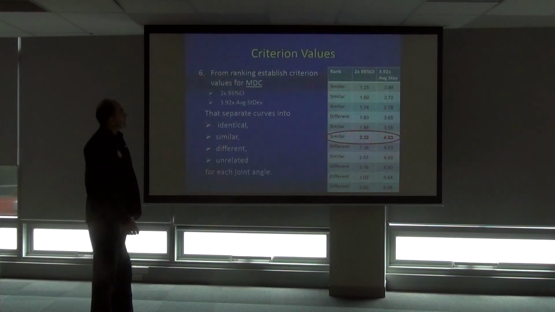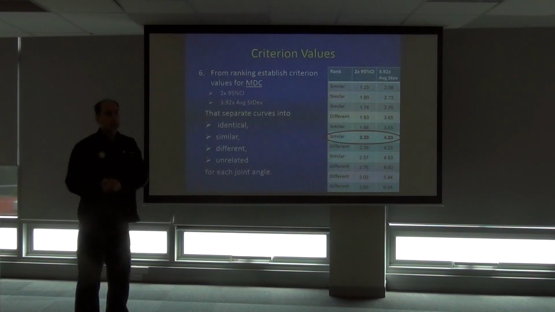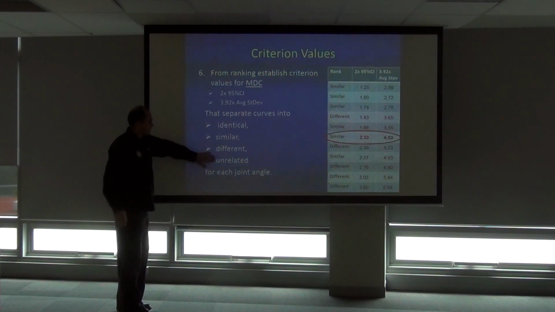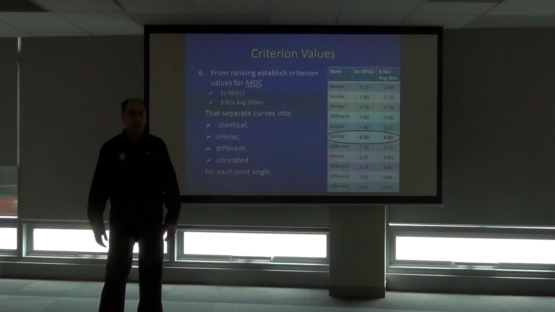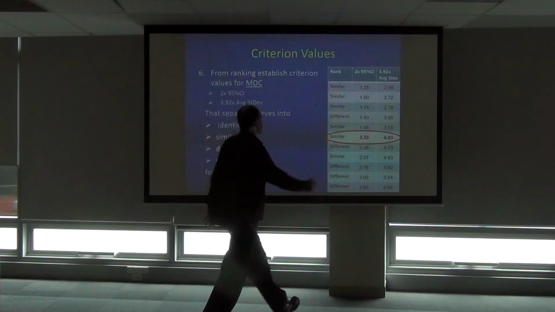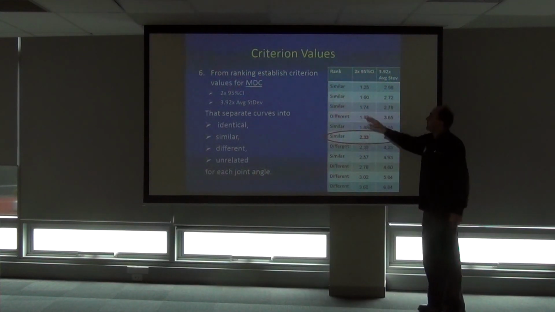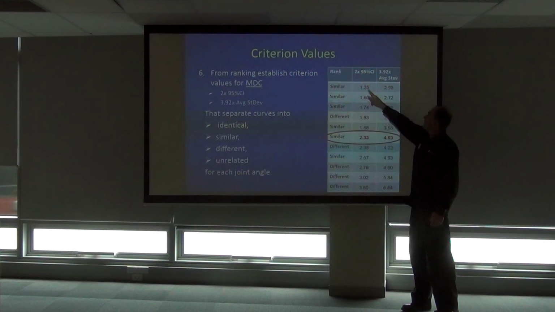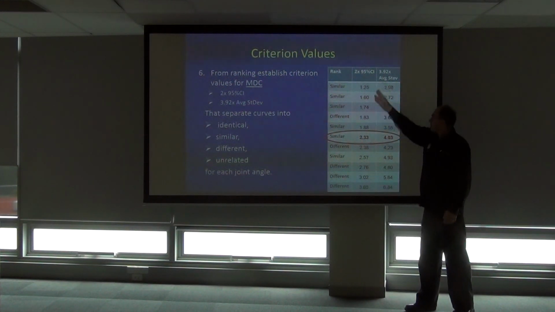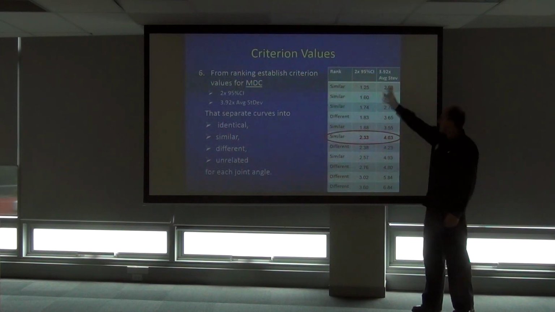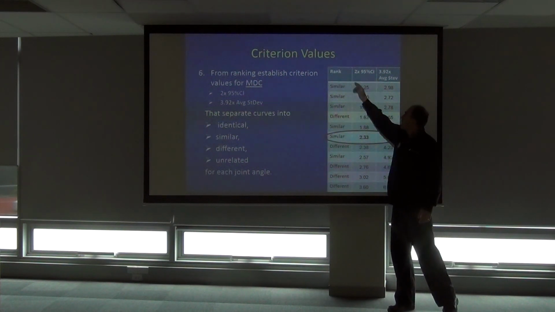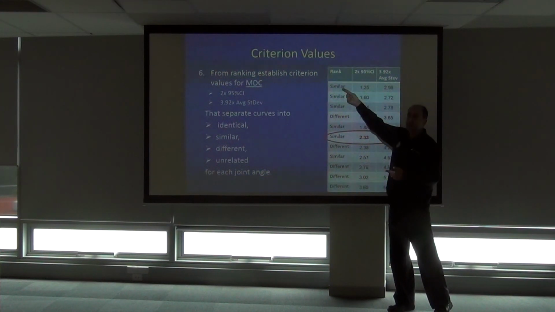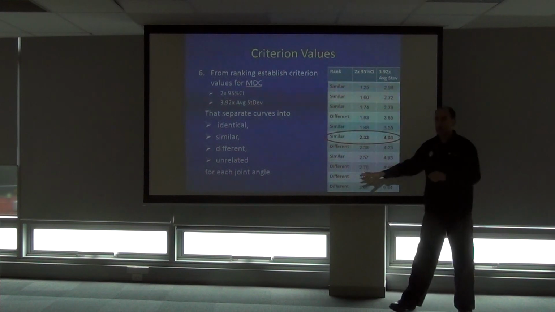Then, to get the criterion values which separated curves into identical, similar, different, unrelated was reasonably straightforward, I suppose. Rank them according to minimum discernible change. I use the 95% confidence interval. Well, I should use both. Rank them all by the minimum discernible change and then look at whether they were ranked as similar, different, or unrelated.